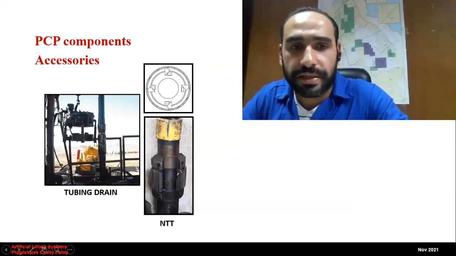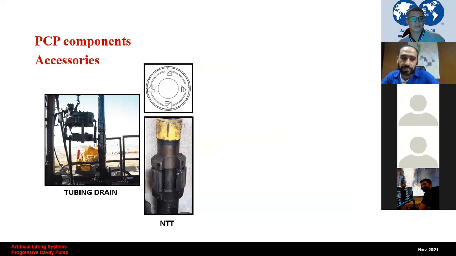The next accessory is actually the no-turn tool. It's also referred to as NTT or torque anchor. I can say actually this is a very necessary component in almost all applications. The no-turn tool, as you know, now in order to produce, the rotor is rotating inside the stator.